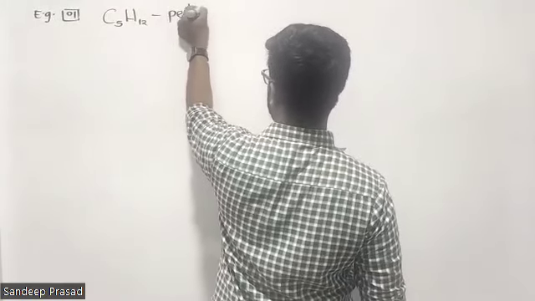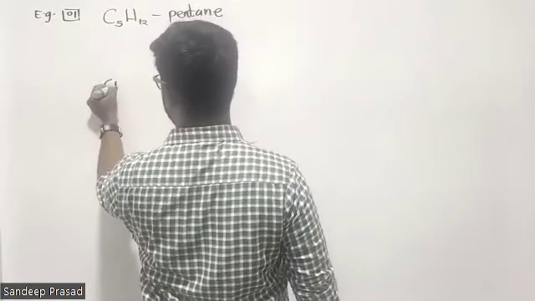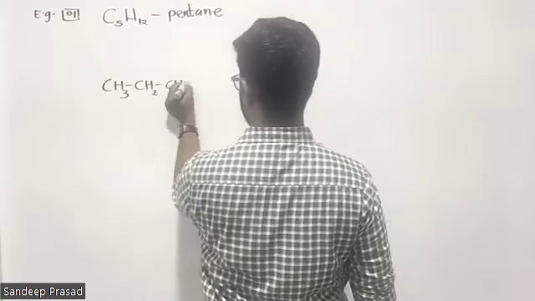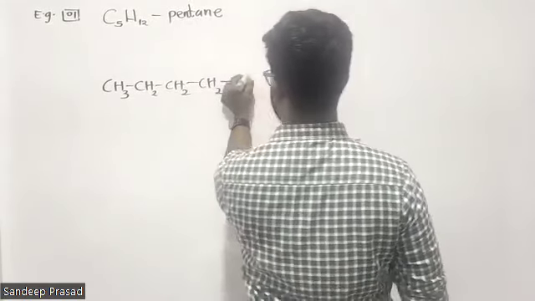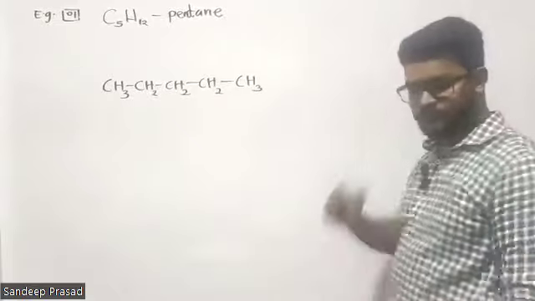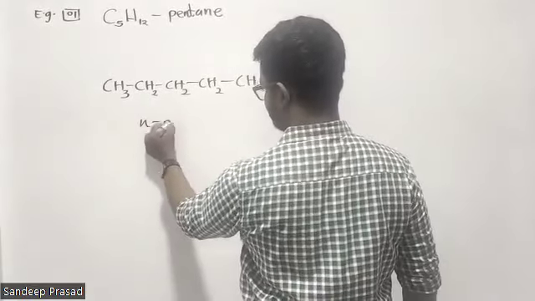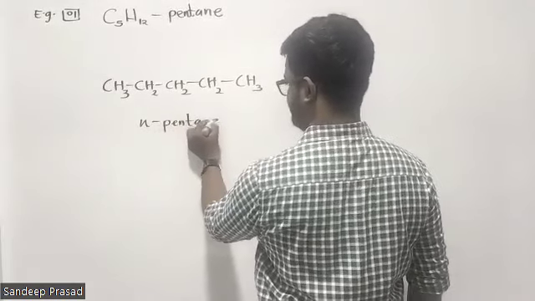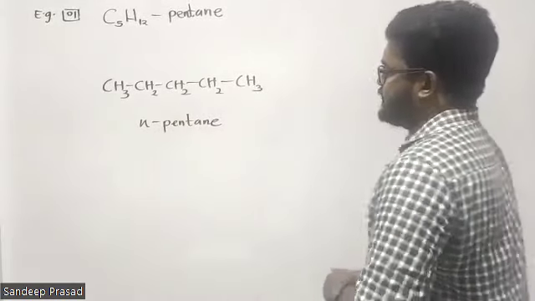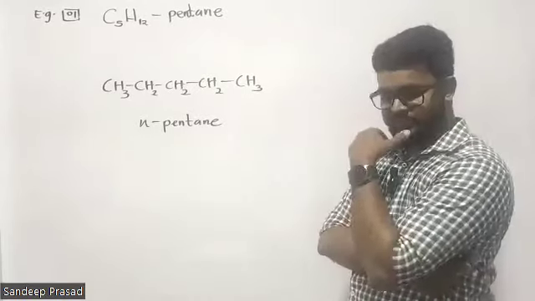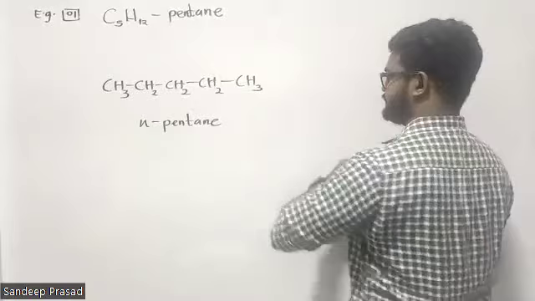So what is the normal structure? CH3, CH2, CH2, CH2, CH3. So this is the structure. Normal pentane. Right. Where to connect this CH3? I'm going to break this one.